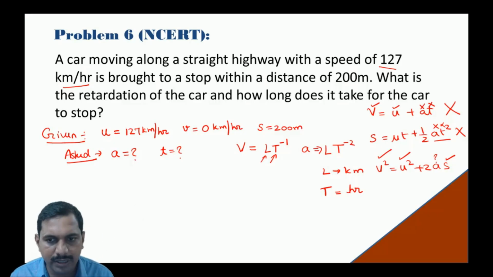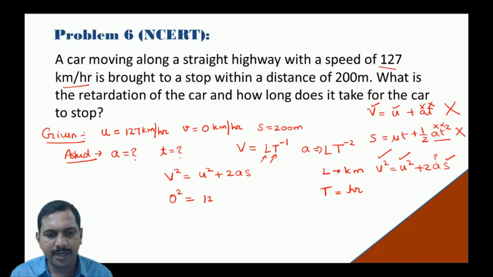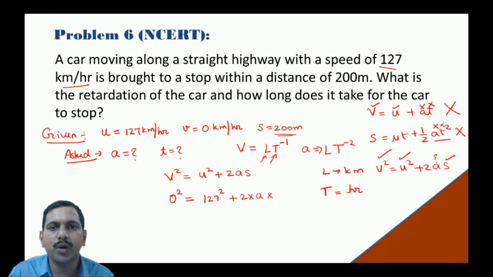So with that in mind, we will see v square equals u square plus 2as. Consistent units have to be used. So v is 0, so 0 square, equals u, 127 square, plus 2 into a, the unknown acceleration, into s. We are not supposed to put 200 here because we are using length units as kilometers, not meters.